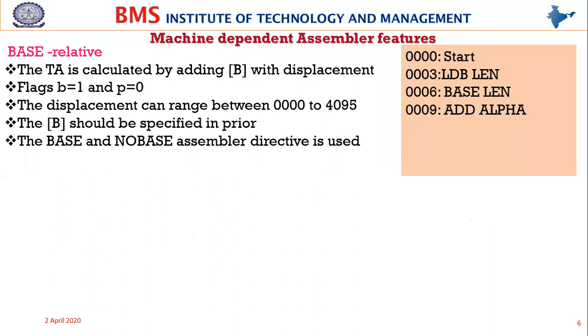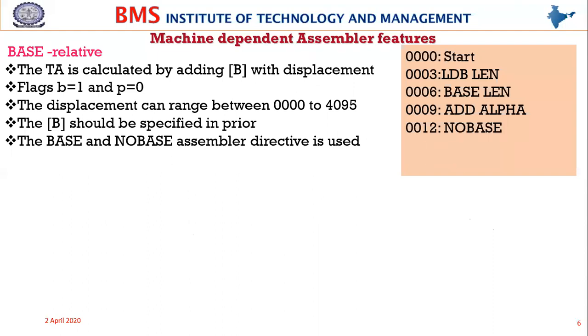Between BASE and NOBASE, we have an instruction ADD alpha, which means contents of accumulator should be added with alpha, and the result should be stored in accumulator. And after that, the NOBASE assembler directive tells that any format 3 instruction that comes further should be assembled using PC relative.